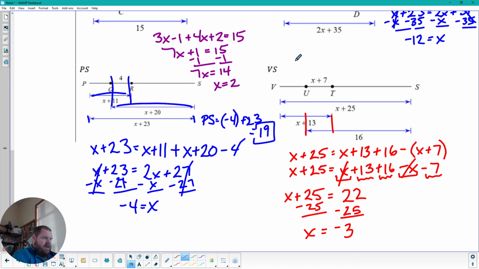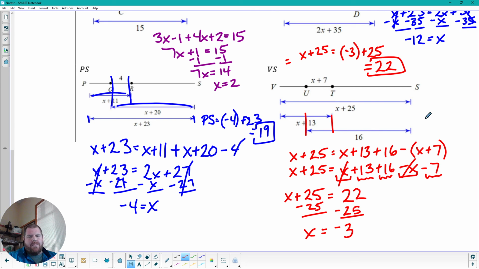And then in trying to find VS, which is equal to x plus 25, we'll go ahead and put that negative 3 in there. Negative 3 plus 25. And, oh, look at that. 22. Wow. Tricky. And so we get VS is 22.